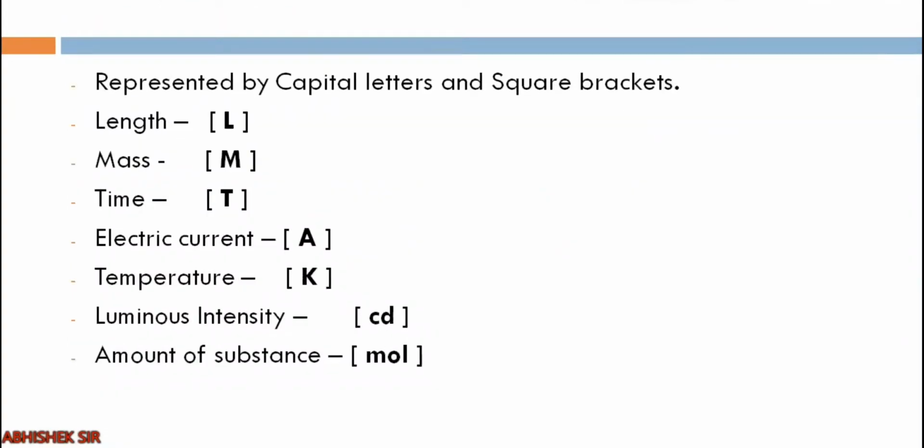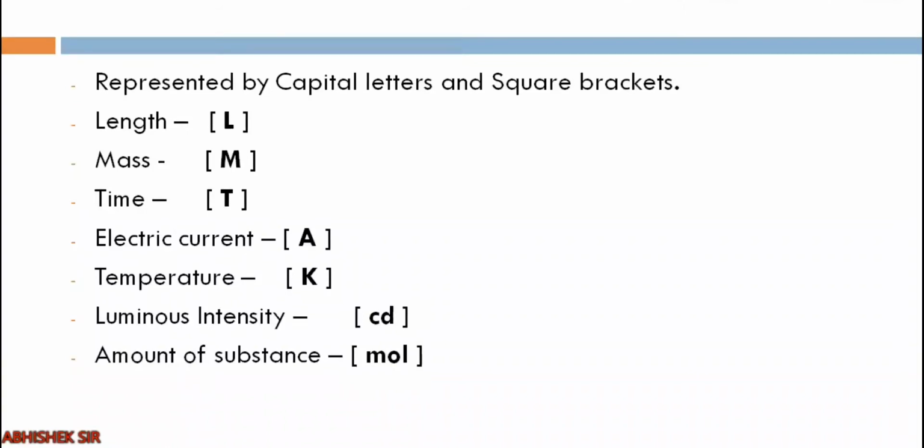Now the fundamental or base quantities are represented by, first of all, capital letters: L for length, M for mass, T for time, A for electric current, K for temperature, cd, that is candela's short form, for luminous intensity, and mol for amount of substance, right?